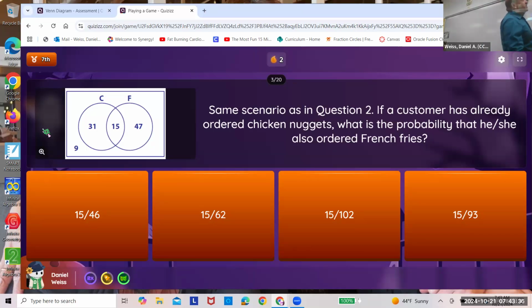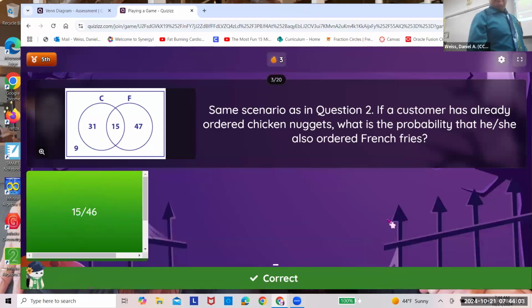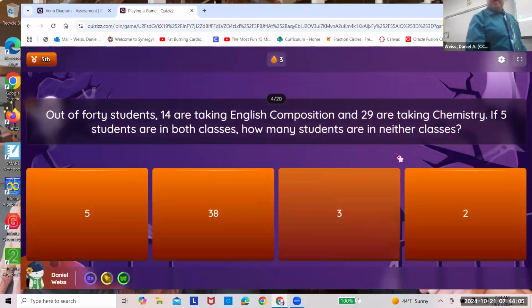So we're only in this circle. Okay, so I apologize for the 102, that's wrong. Inside this circle is 31 plus 15 is 46. So it's gonna be 15 out of 46 who ordered fries if they ordered chicken tenders. Does that make sense? Okay. So be careful there. I almost got caught there. All right.